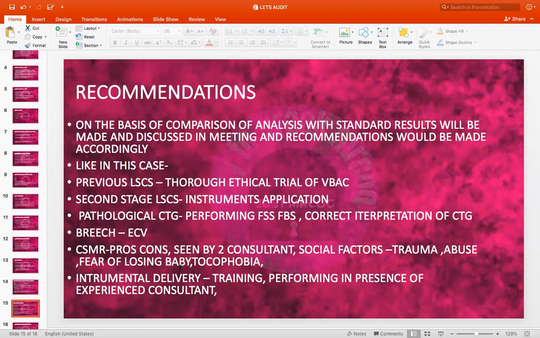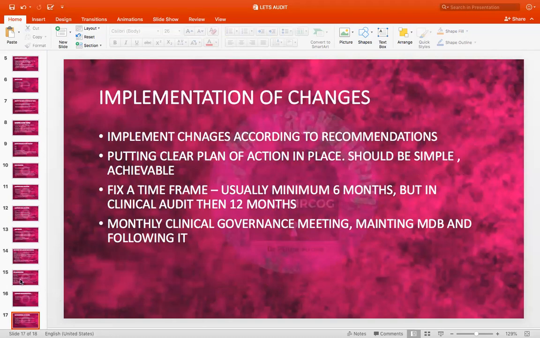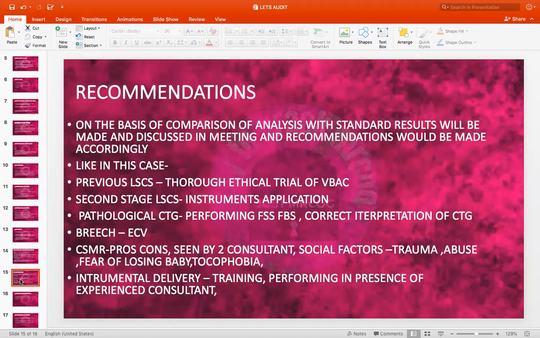Vaginal birth itself is a fear for many women. For instrumental delivery, we will recommend training. We will recommend performing in the presence of an experienced consultant. So these are the recommendations which we made on the basis of whatever interpretation or result we found after the comparison of analysis and the standard.